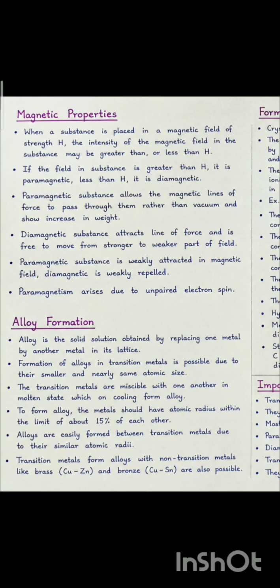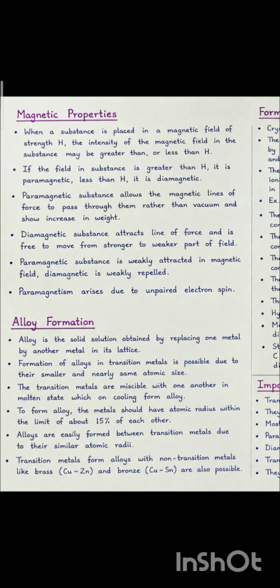A paramagnetic substance allows the magnetic lines of force to pass through it more than vacuum and shows an increase in weight. A diamagnetic substance repels lines of force and is free to move from stronger to weaker part of the field. A paramagnetic substance is weakly attracted in a magnetic field, a diamagnetic one is weakly repelled.